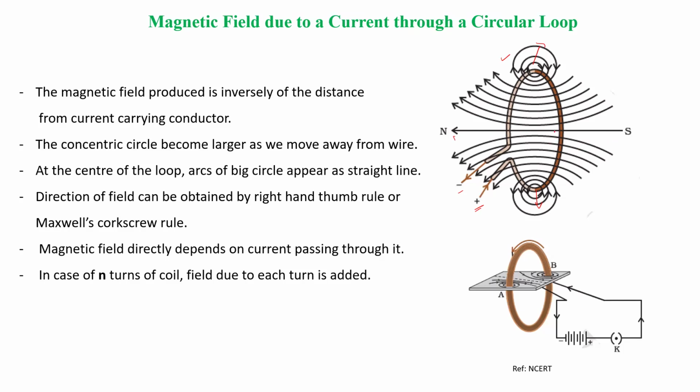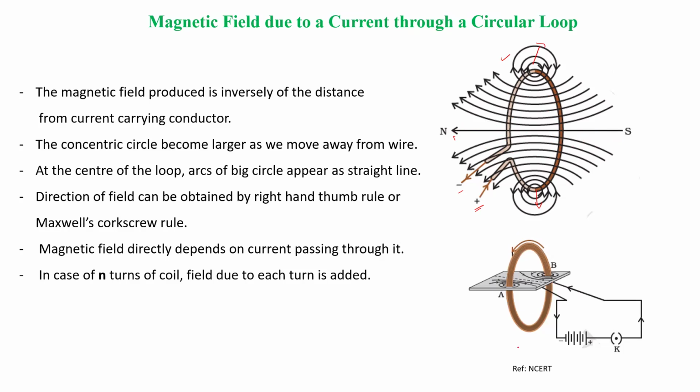So due to all these components of the current, the magnetic field we observe at the center of the coil will look like a straight line.